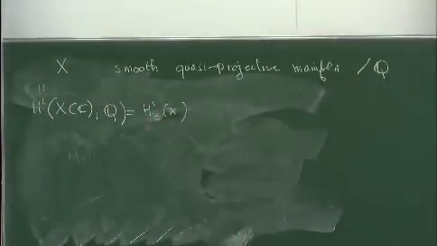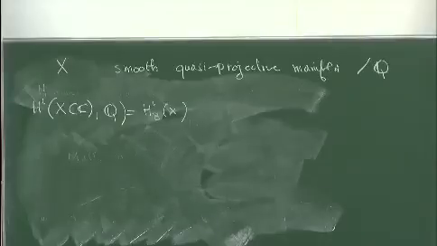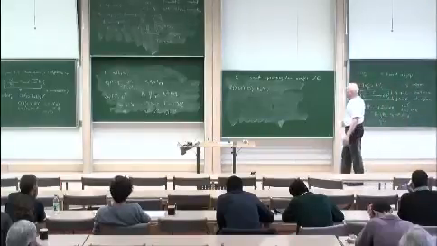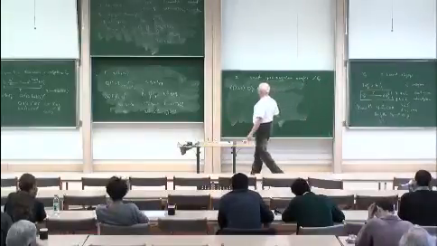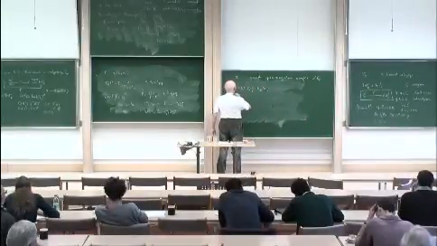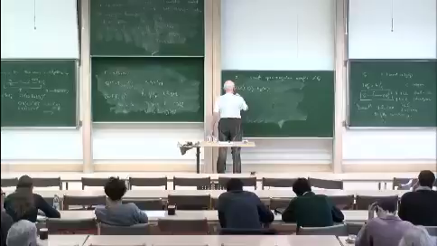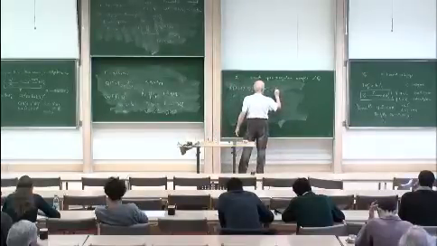At the moment, we would be happy to do with integral coefficients, but it's too much for the moment. So that's a vector space over the rationals.